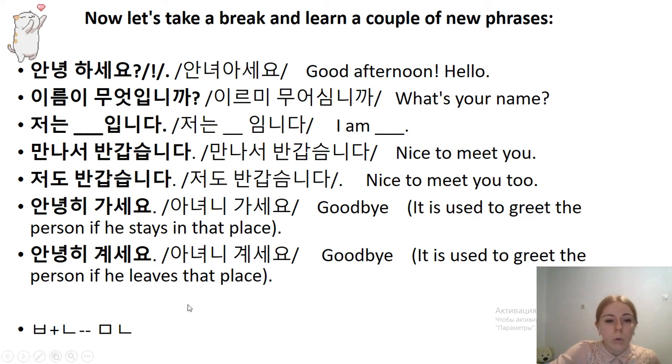So we say 안녕히 가세요. 안녕히 is without h, because there is ㅎ plus h, so we drop the h letter. So it's 안녕히 가세요. It means goodbye. And it's used to greet the person if he or she stays in that place.